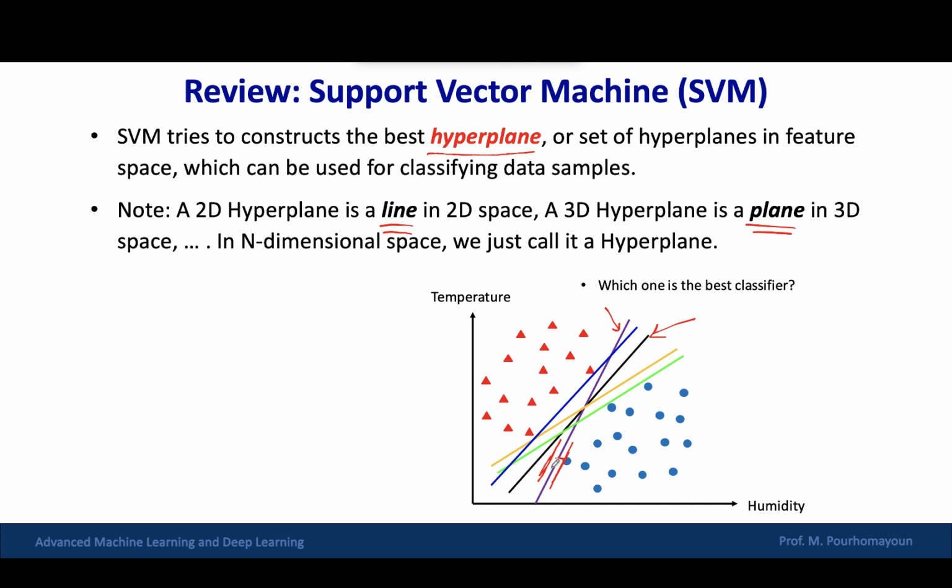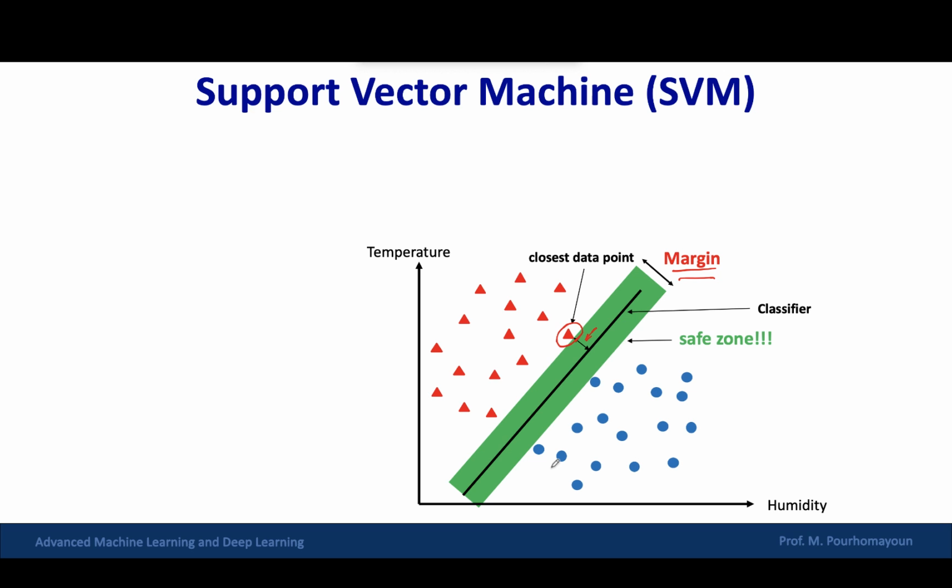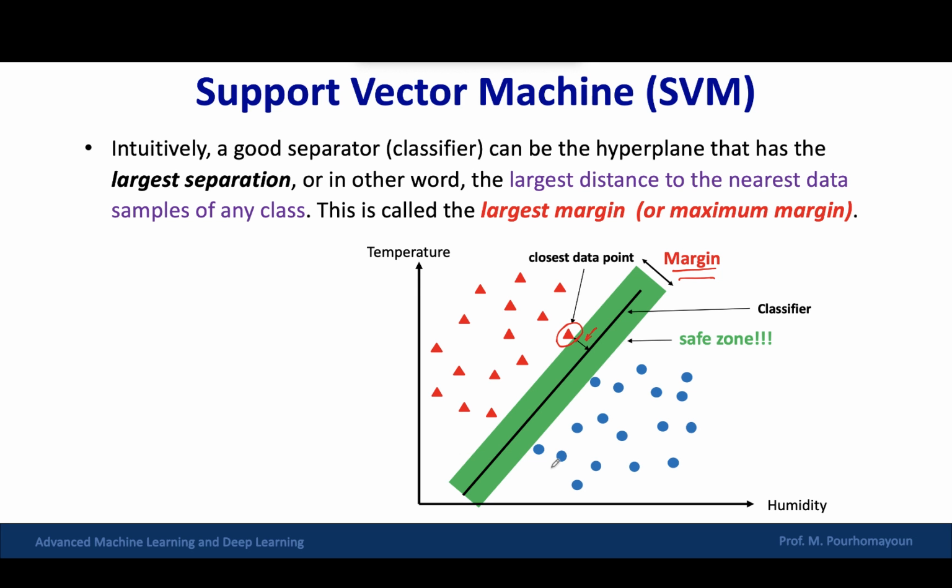But for the black one, as you see here, the margin is wider, so it is a better classifier, because the samples that are close to the borderline are very risky samples. With a very small mistake or a very small change in one of these features, they will jump to the other side of the line. That is why we are looking for a classifier that gives us the widest margin. This is the main idea of the support vector machine algorithm.